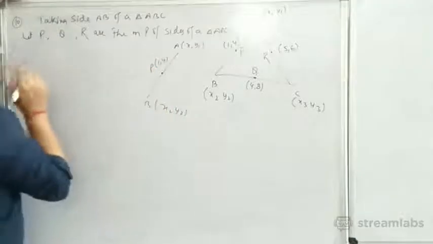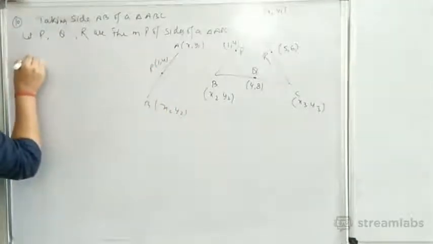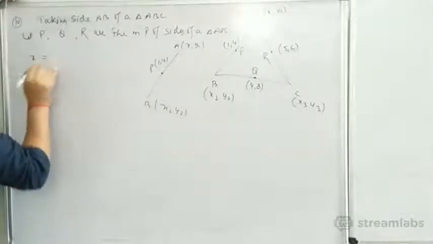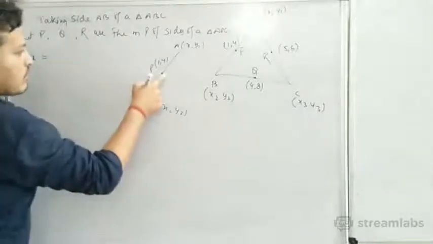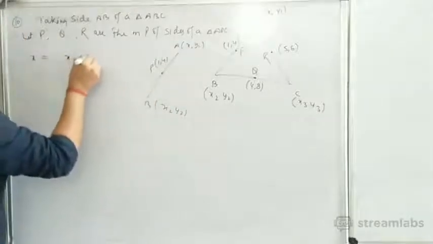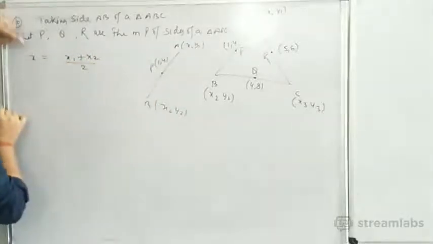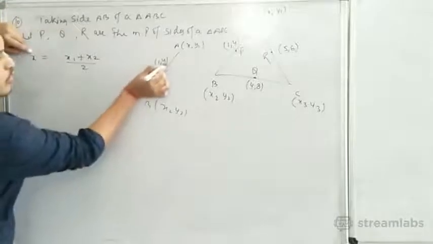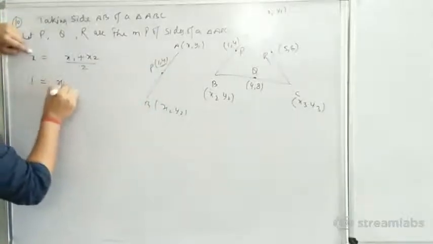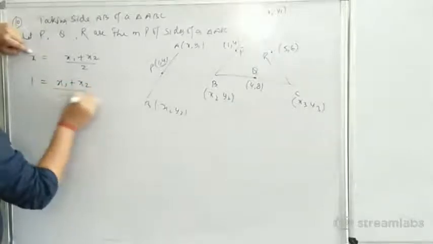As you know, the midpoint is denoted by x, y, and x is equal to x1 plus x2 divided by 2. The x value of P is 1, so 1 is equal to x1 plus x2 divided by 2.